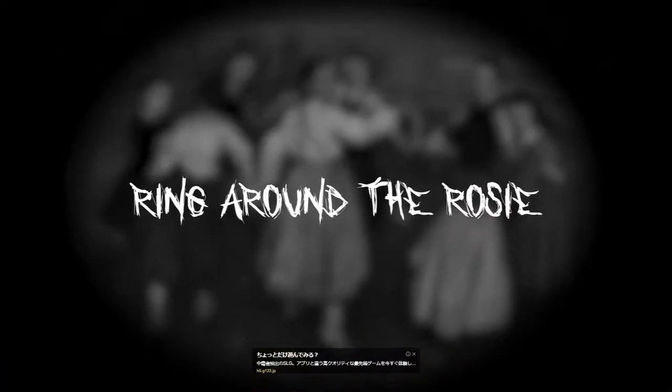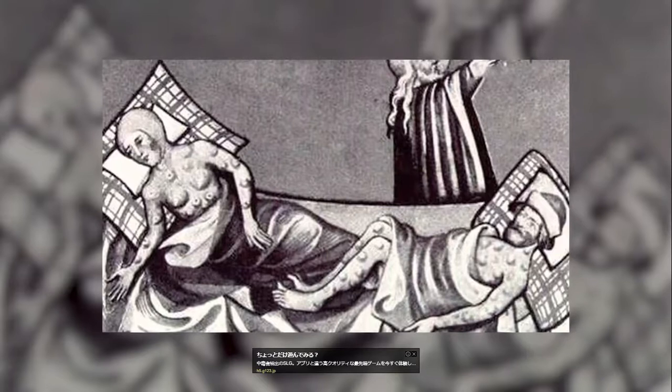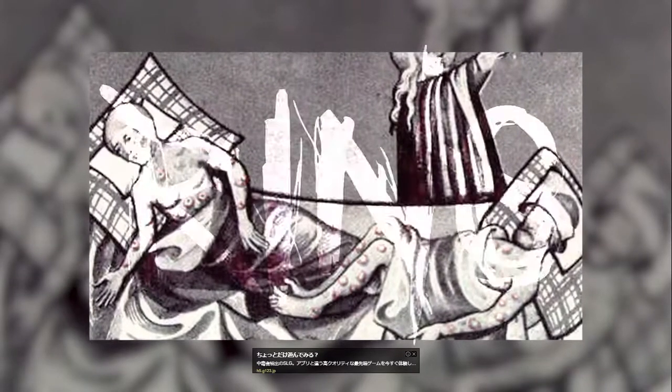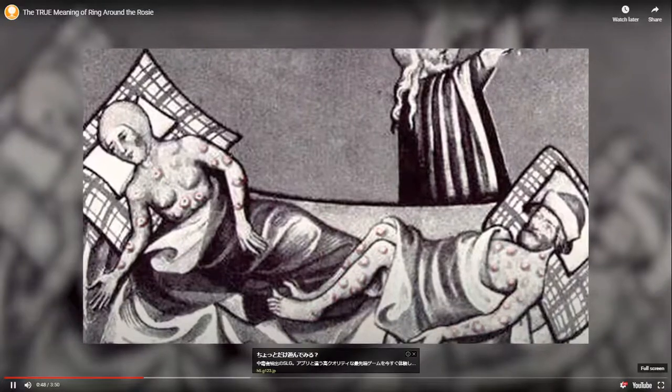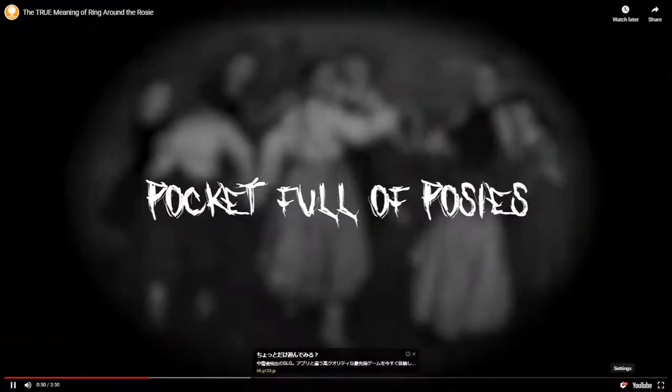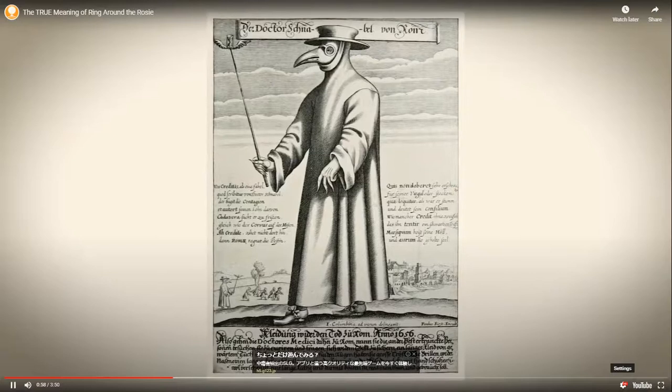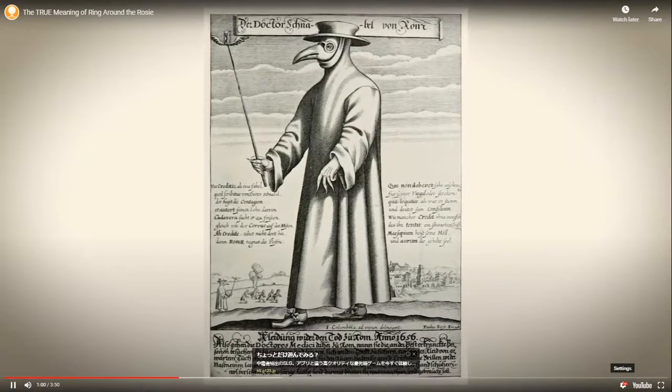Ring Around the Rosie. The bubonic plague, or the Black Plague, would produce lumps on the affected people, with a distinctive red ring around the so-called rosy polyp. A pocket full of posies. Plague doctors, the ones with the creepy-looking beak masks, were known to shower a diseased person with sweet-smelling flowers, posies, thinking that they would ward away the disease.